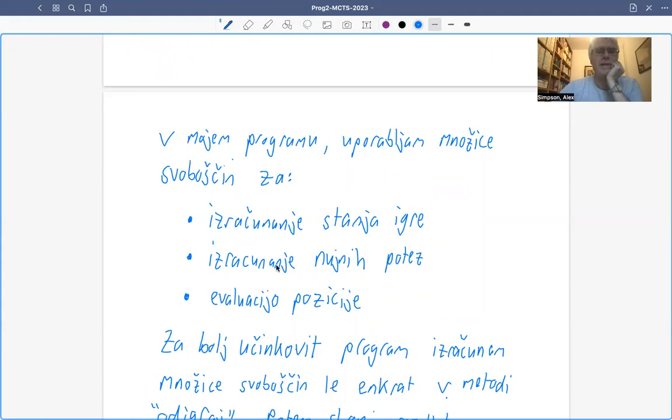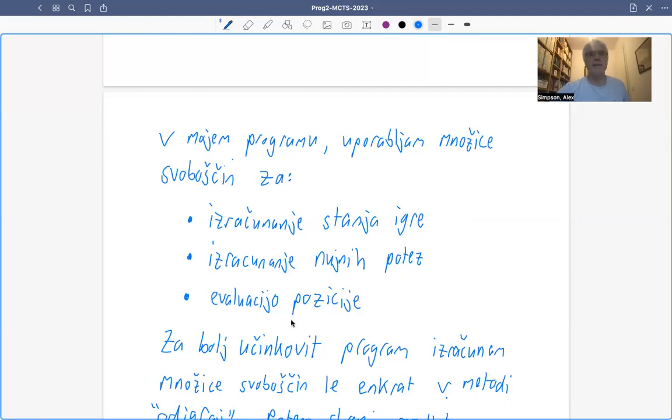I use them to calculate the forced moves, and I also use them as part of my alpha-beta algorithm, as part of my position evaluation.